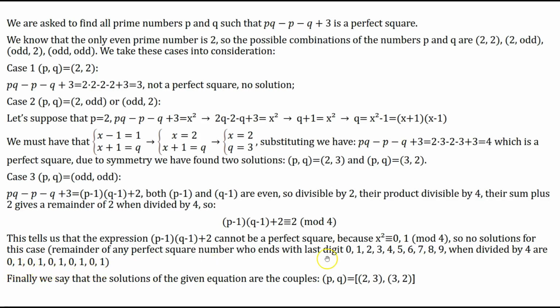So the only possible remainders when a perfect square is divided by 4 are 0 and 1, while our expression has a remainder of 2 when divided by 4, so it cannot be a perfect square. Finally, the only possible solutions of the given equation are the couples p, q equal to 2 and 3, and 3 and 2.